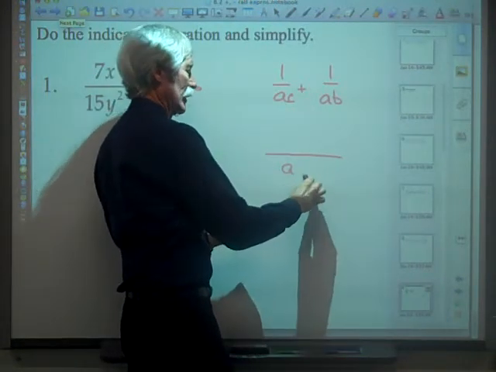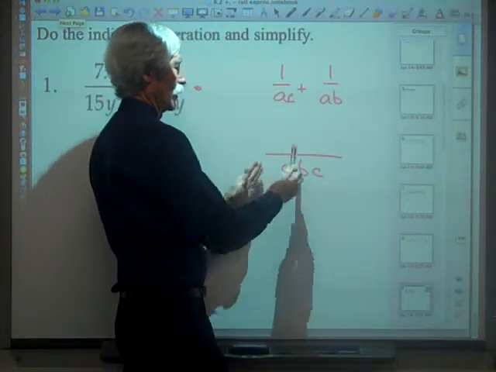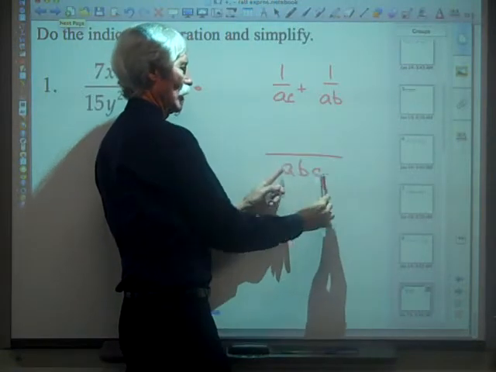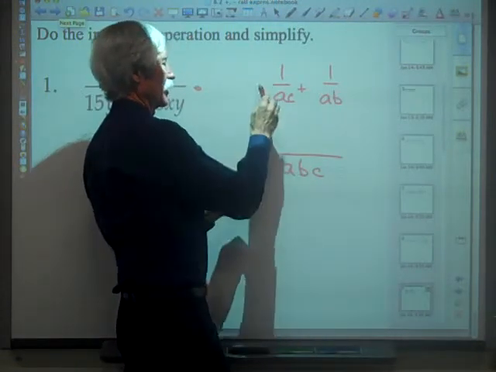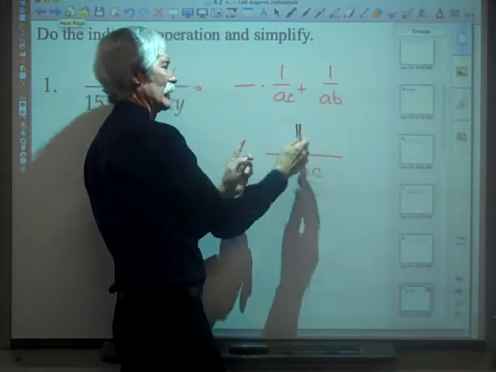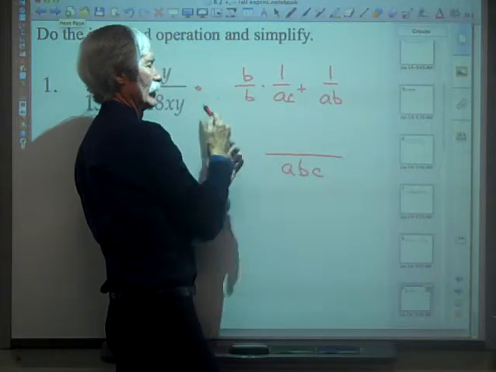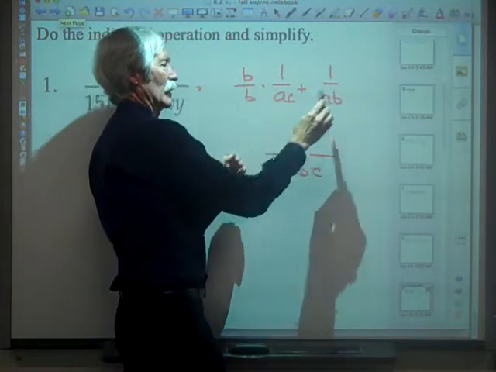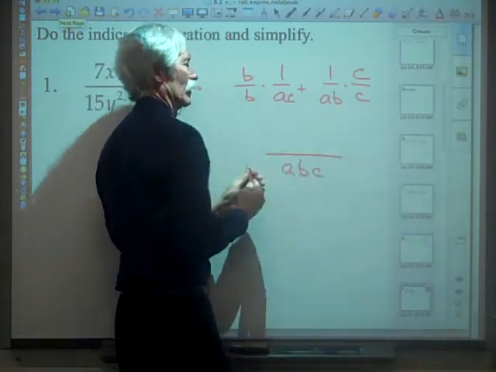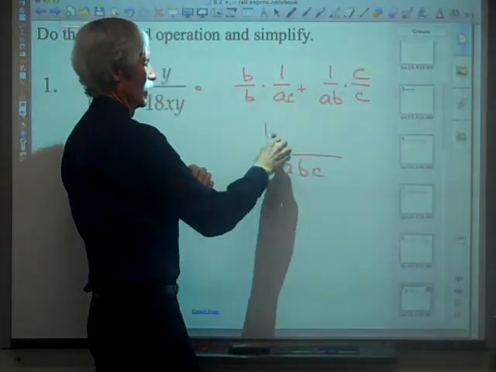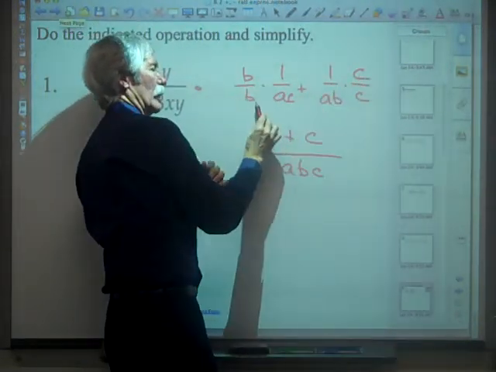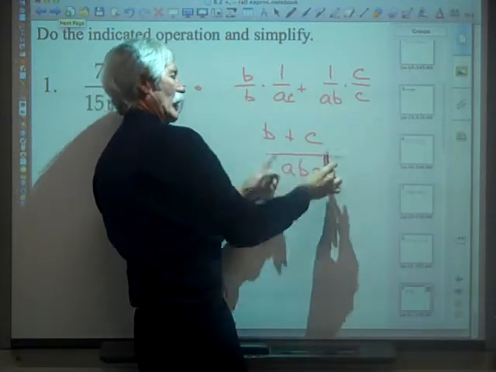A B and a C. Is A and C down in there? Yes. Is A and B both down in there? Yes. Then you'd have to say, how do I make this denominator have A, B, and C? It needs a B, and then it'll have A, B, and C. And what does this one need? A C. So this one would be B plus C over ABC and over ABC, so they will have a common denominator.